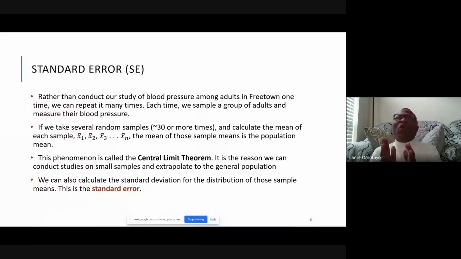To what extent does each sample mean deviate from the population parameter? But more precisely, not the population parameter, but from the means of means that we have just said would approximate the population parameter. To what extent does it deviate from that?